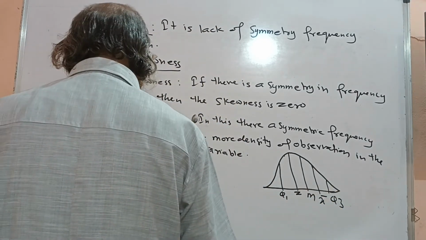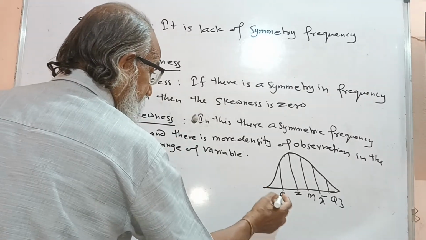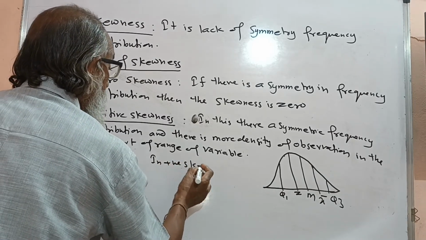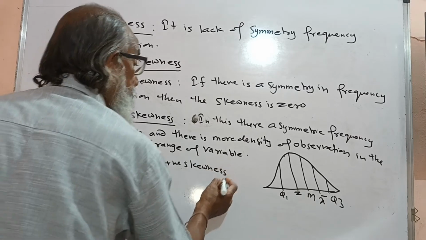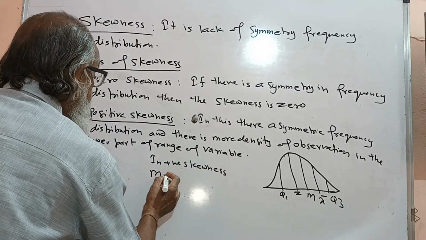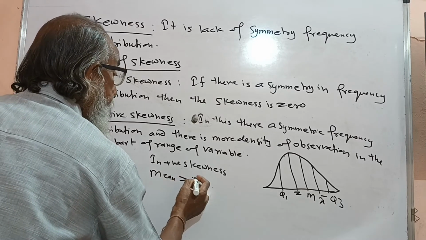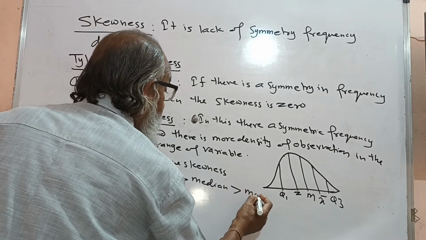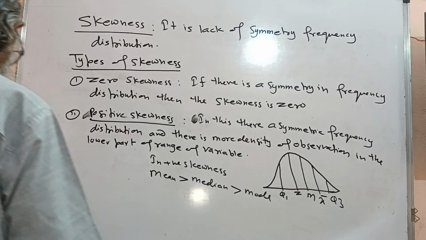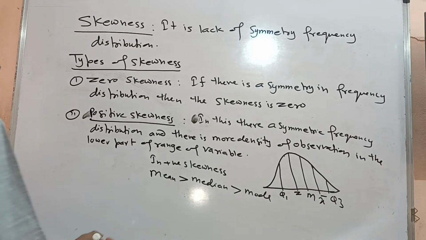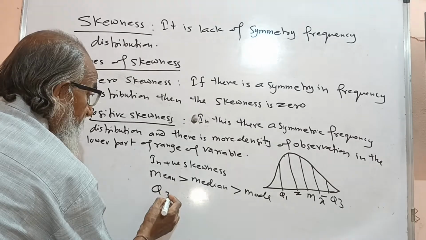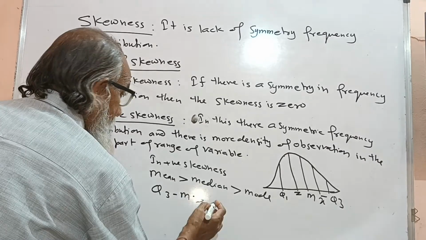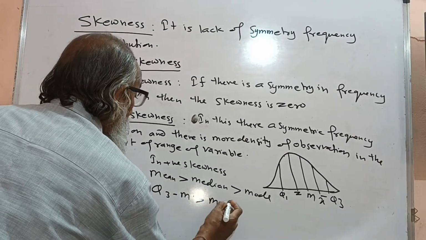So from here you can see that in positive skewness, mean is greater than median is greater than mode. So Q3 minus M is greater than M minus Q1.